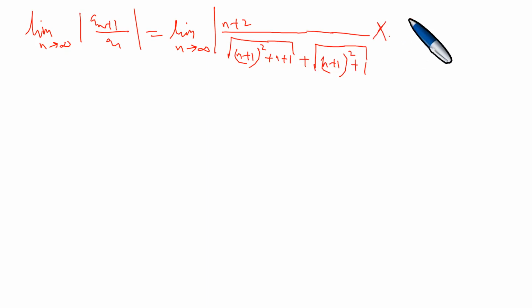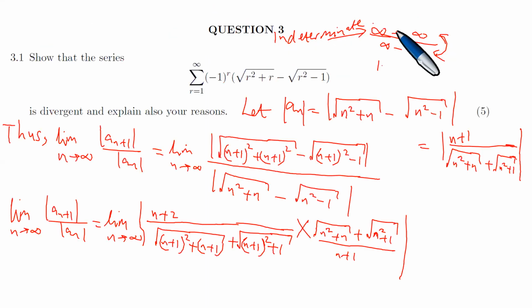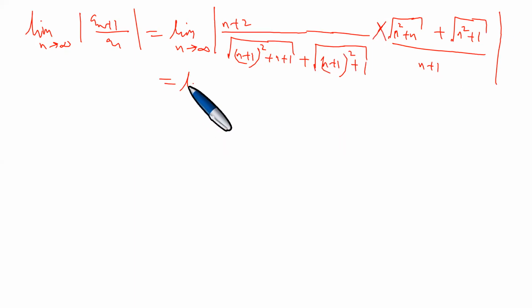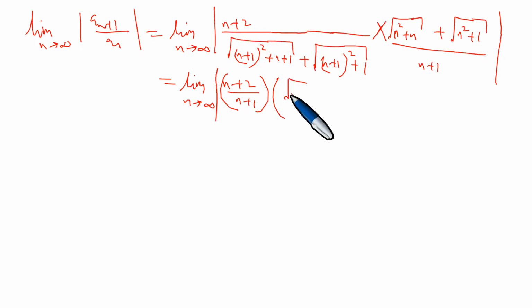Okay, you have this, n squared plus n. You have this here. Okay, we divide by this.